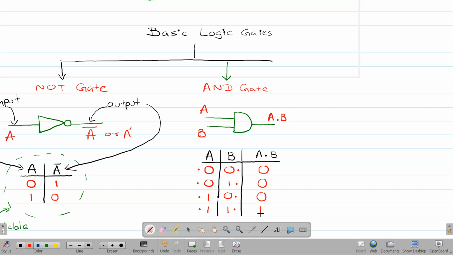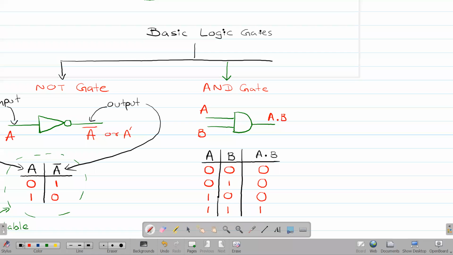Right? So that is how the truth table happens in the AND gate. People, is that clear? Yes, sir. So again, I'm reminding you, the AND gate is about Boolean multiplication, right?